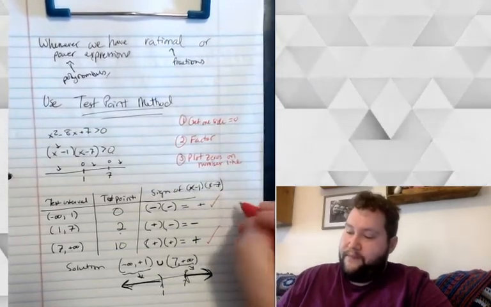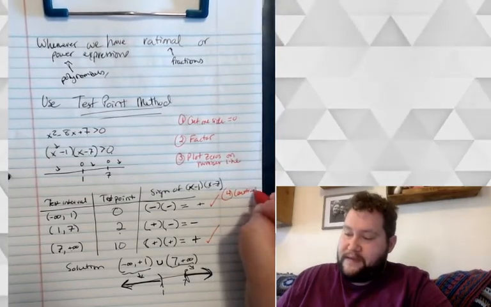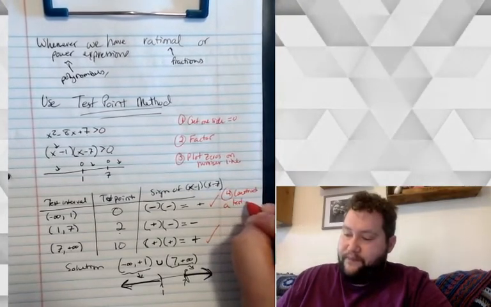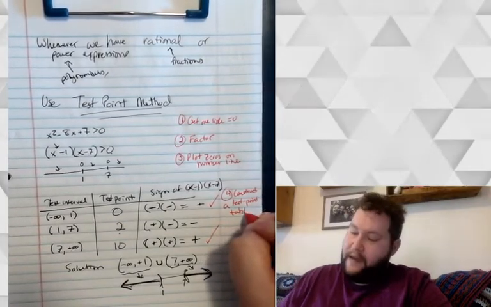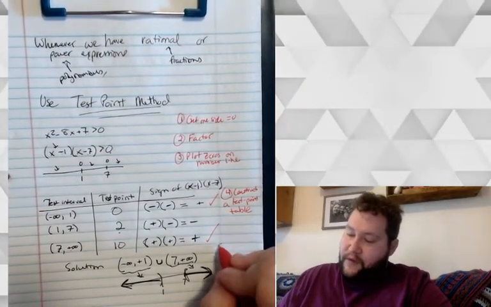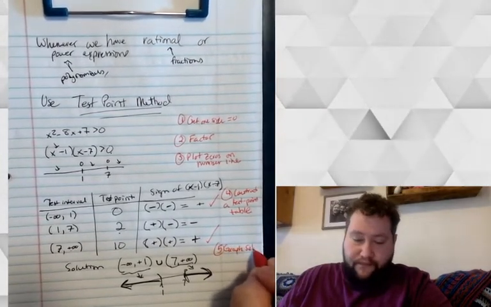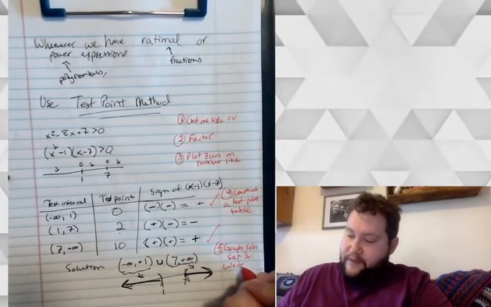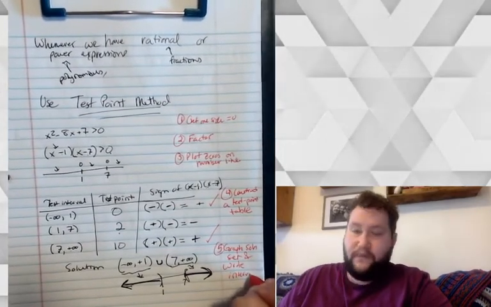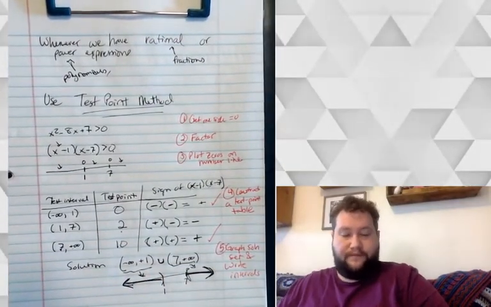Then we construct a test point table. And then we graph the solution set and write intervals. You could do this in either order, but as long as you do both, you'll be good.